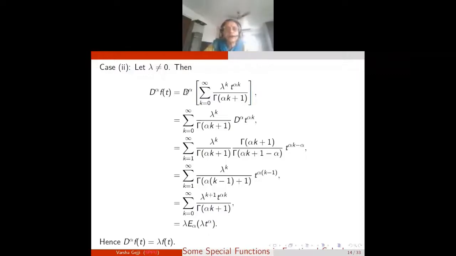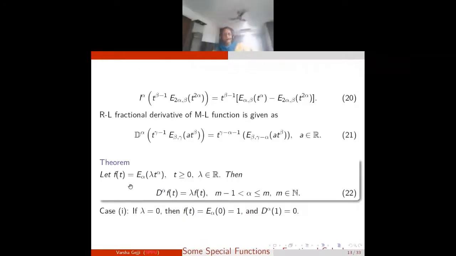This is an infinite series, and you interchange, taking D^alpha inside and calculating this. Note here that you can see the difference: there are two lines here, and one line here.